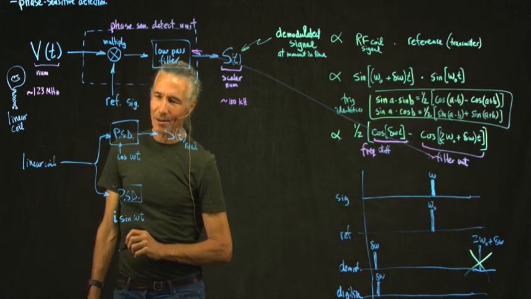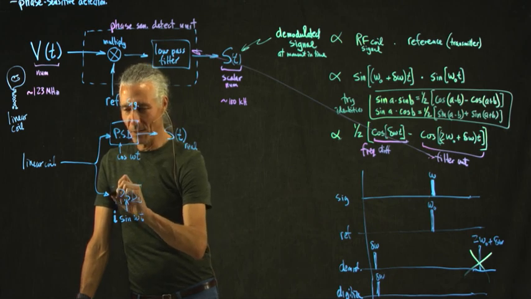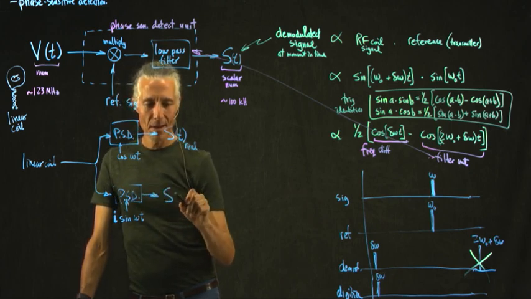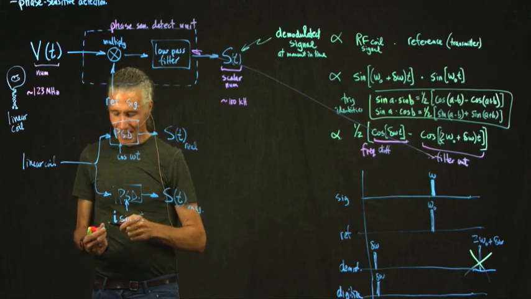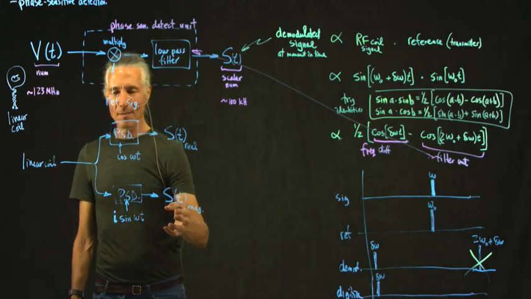But it's not imaginary at all. It's just a real set of voltages. And so this gives us our imaginary data. It's totally real.